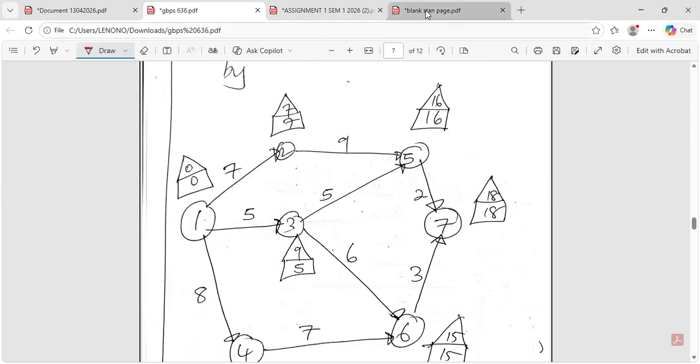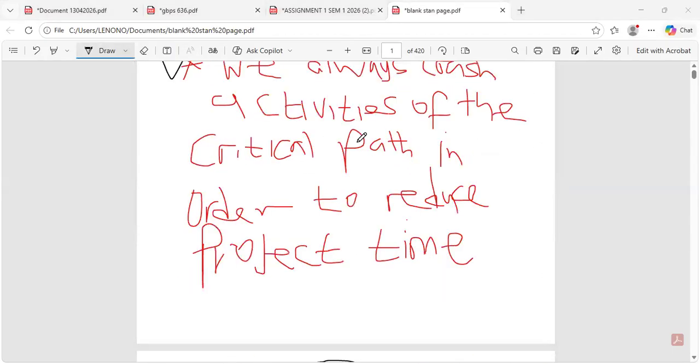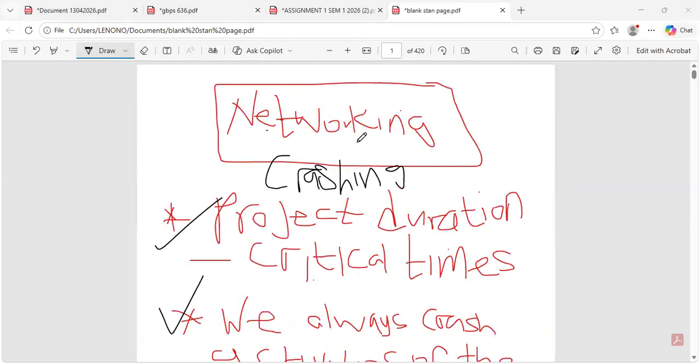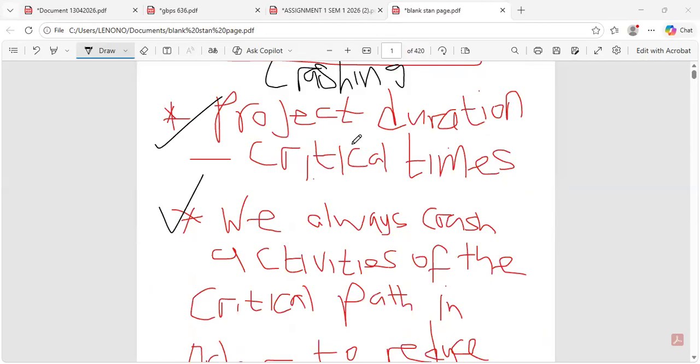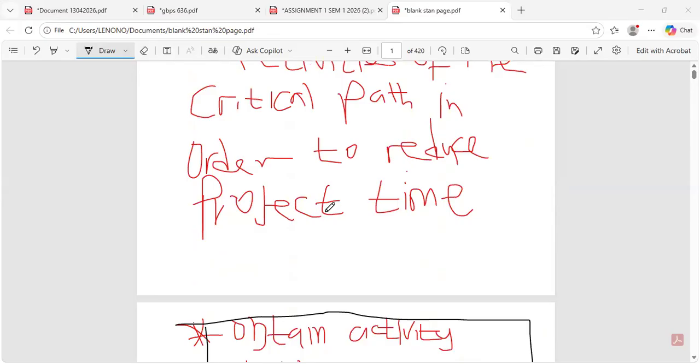All right, for those who are just joining in, we are looking at network project crashing, where we are simply looking at project durations and the critical activities. We always crash activities of the critical path in order to reduce the project completion time.